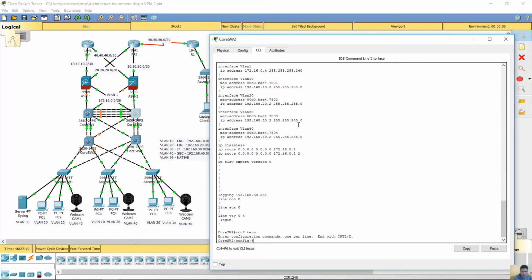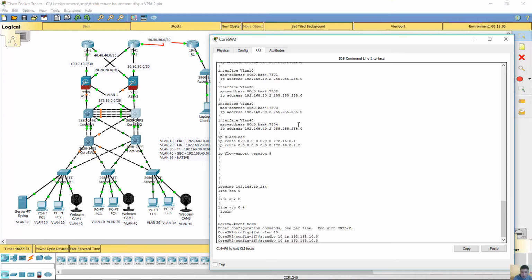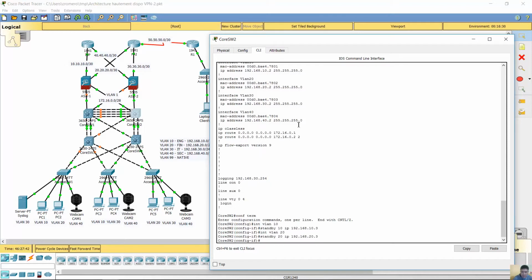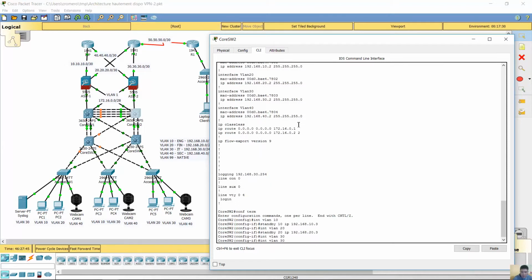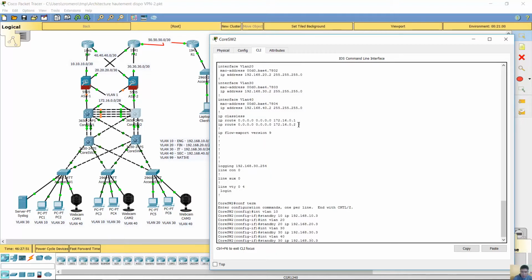Configure terminal, interface VLAN 10, standby group 10 IP, the IP address 3. On VLAN 20, group 20, VLAN 30, group 30, VLAN 40, group 40.